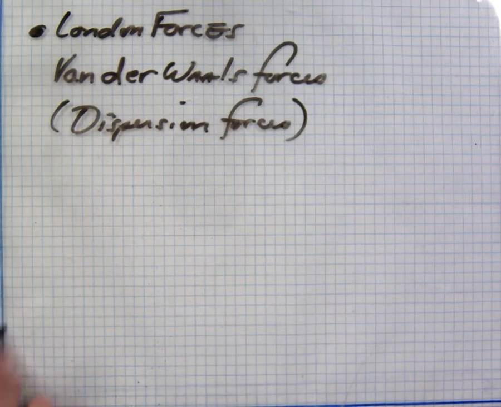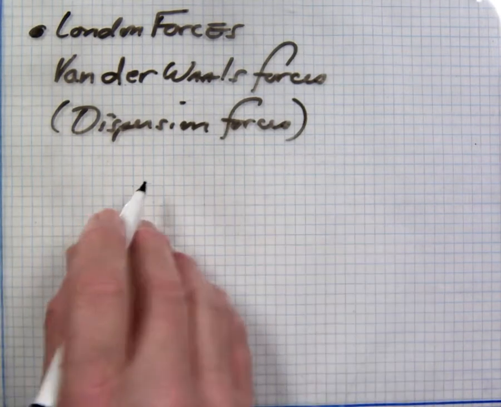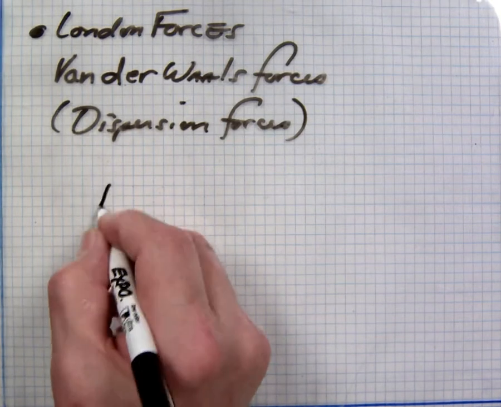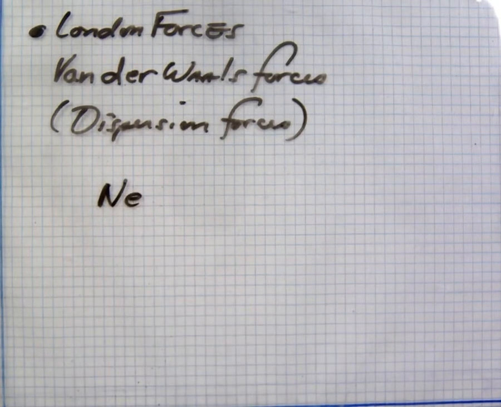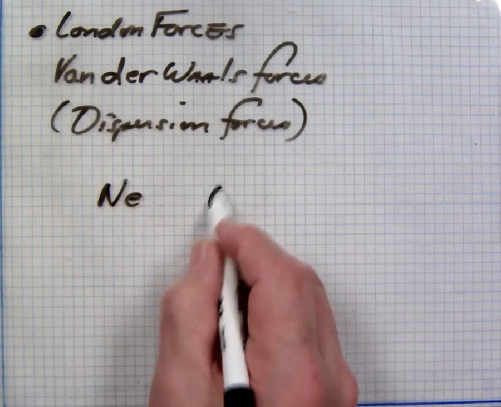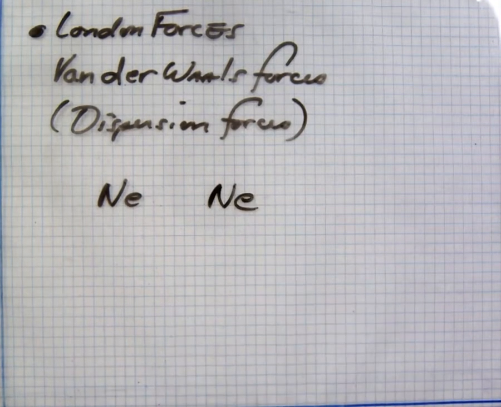Okay, if I have, say, neon, an inert element, and it comes close to another neon.